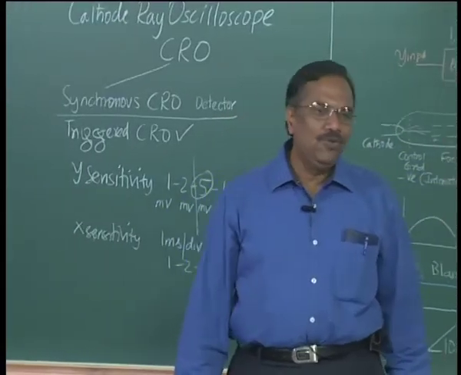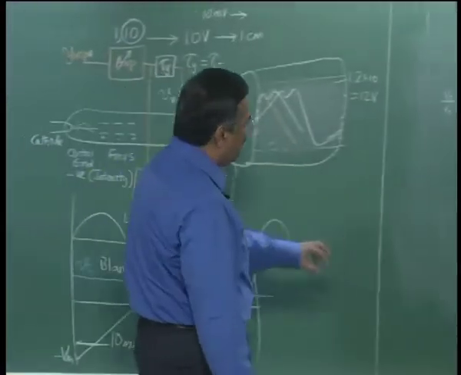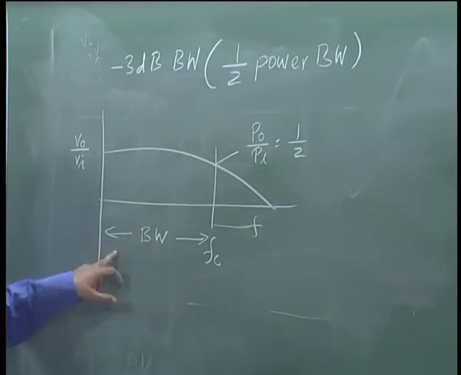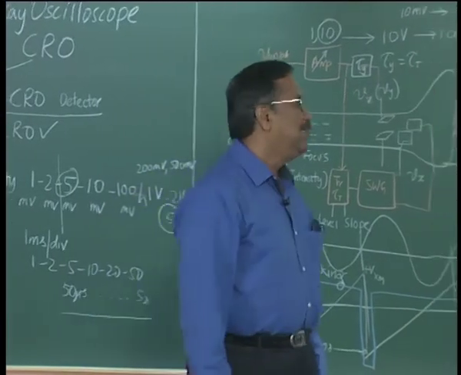Okay. If we do that, then we call this bandwidth, the cutoff frequency selected, as half power bandwidth. And power, when we talk about in small signal level, we always express in terms of decibel, the power gain.